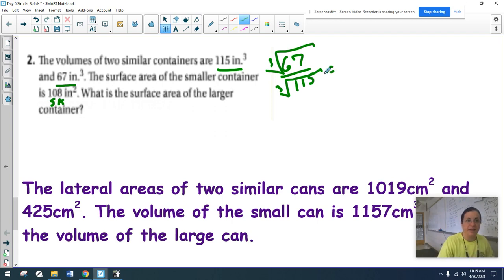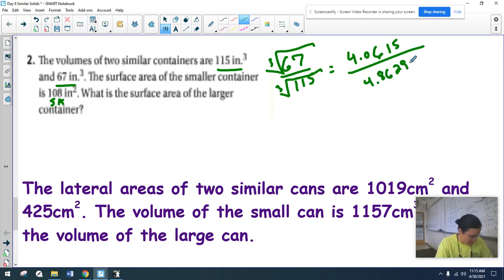So I've got that, and then it says what's the surface area of the larger container. In this case, I've got the 4.0615, and I've got the 4.8629.